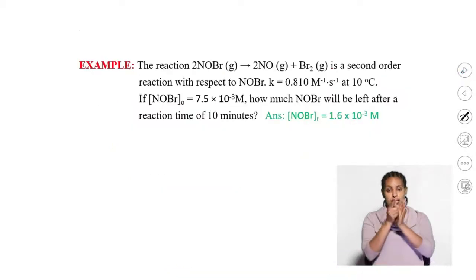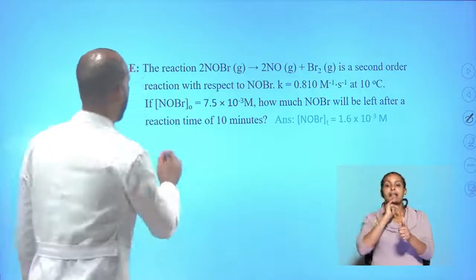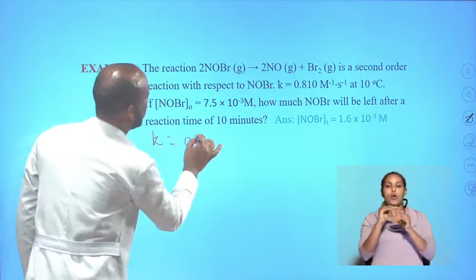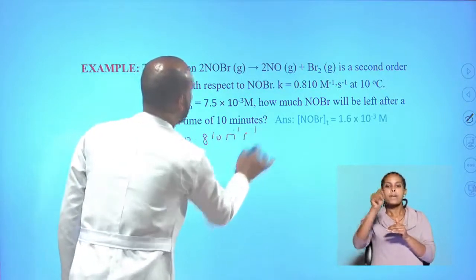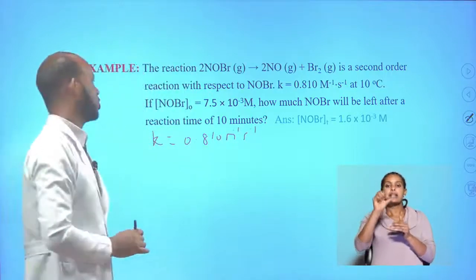For example, the decomposition of NOBr into NO and Br2 gas is a second order reaction with respect to NOBr. The rate constant K is given: K equals 0.810 per molar per second at 10 degrees centigrade.